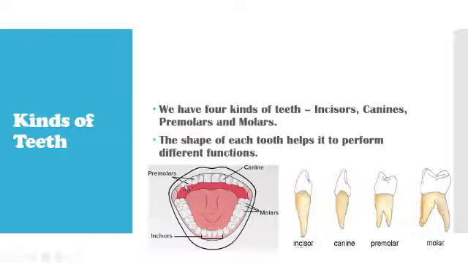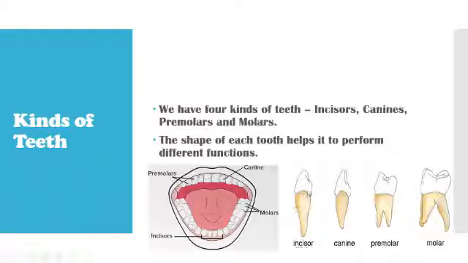Premolars, and thereafter molars, okay? Here in the upper jaw, all the molars can't be seen, okay? See, broad flat teeth, they are used to crush and grind the food. They are premolars and molars.